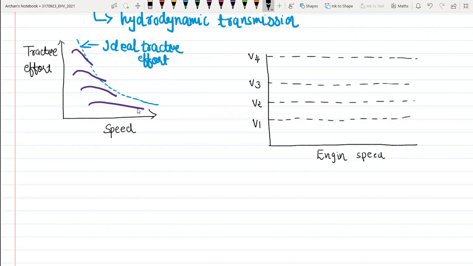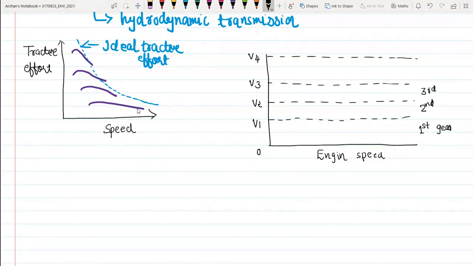Okay, so what we are doing, whenever we are moving from 0 to V1, at that time, let us say our gear is the first gear. Then from V1 to V2, we will use second gear.